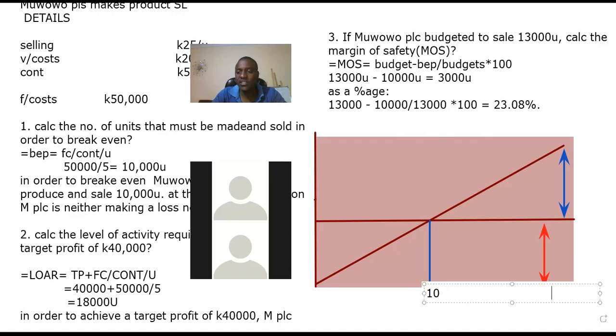Yeah, but the question says 16,000. Maybe let's just go to 30,000. The budget was 30,000. In this exam context, the output was maybe, let's say, 13,000. So this is the output down here. I must just say here that that is the output.